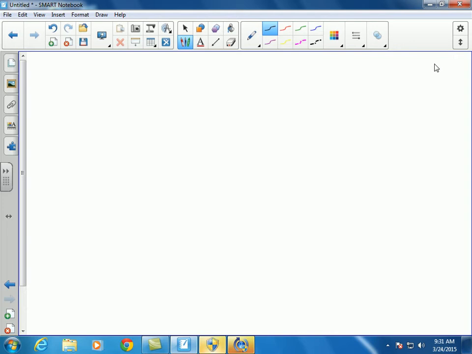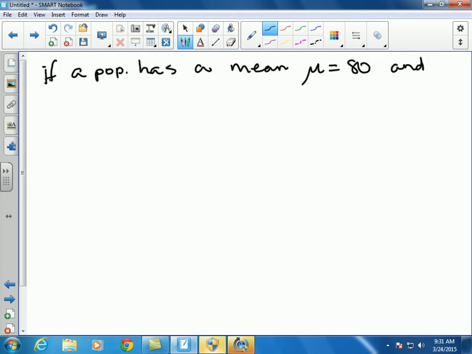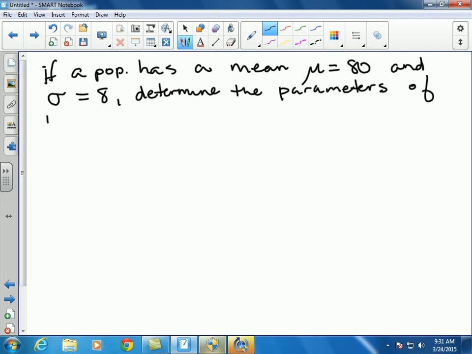So if a population has a mean mu equal 80 and sigma, the standard deviation, equal to 8, determine the parameters of the sampling distribution.